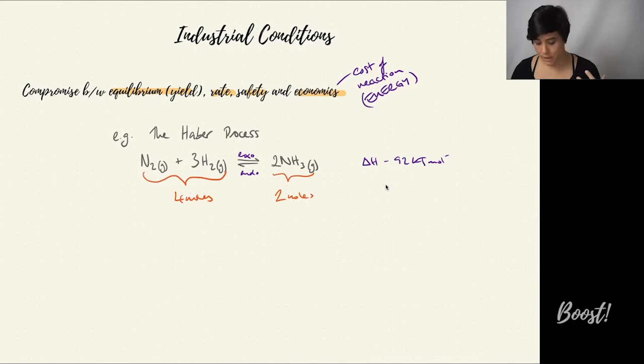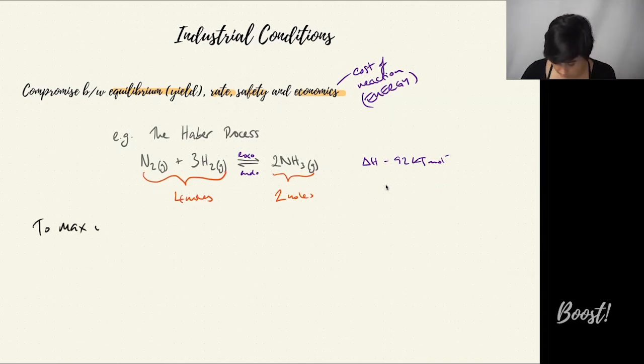So if we want to maximize the yield, that means we want equilibrium to shift to the right.